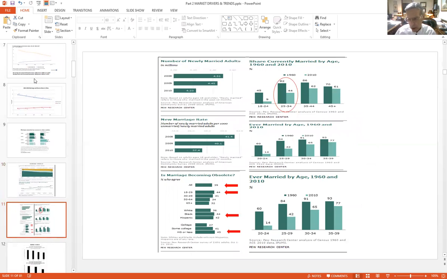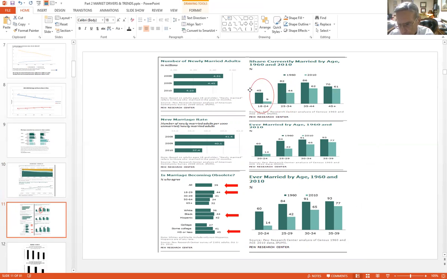Here are some more items from that graph, and I think I'm going to pay less attention than I sometimes do. In the upper left-hand corner, you can see that the number of newly married adults had declined from 2006 to 2010. You can see that the portions that were married by different age groups also differed dramatically.